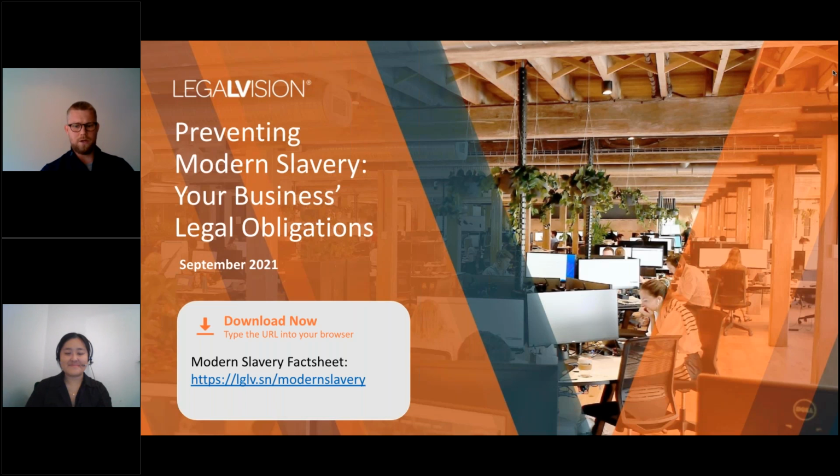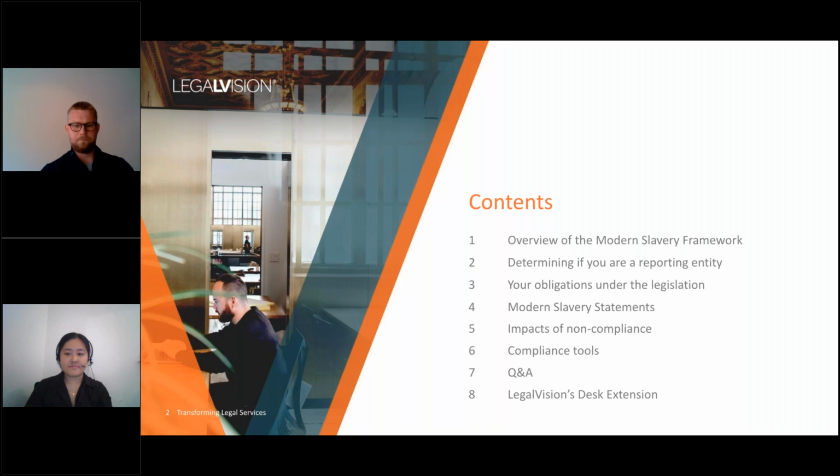In terms of what we are going to be discussing, I'll run you through today's agenda. We'll provide you with an overview of the modern slavery framework. Next, we'll be determining if you are a reporting entity, so whether this actually covers you. If it does, or if you've chosen to comply voluntarily, next will be, well, what are your obligations under the legislation?